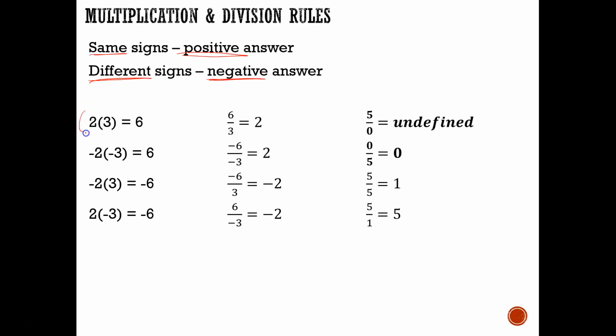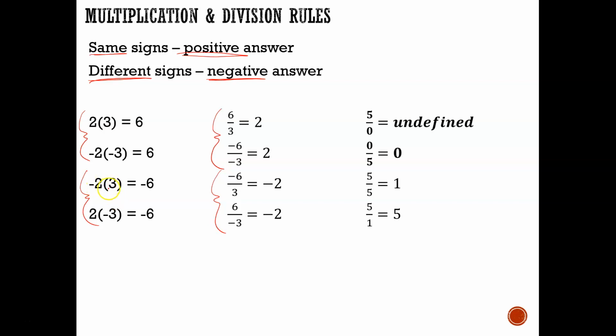In the first two examples, for both multiplying and dividing, you've got the same signs, two positives and two negatives. So because the signs are the same, the answers are positive. Then when you look at the bottom two examples for both multiply and divide, we've got different signs.